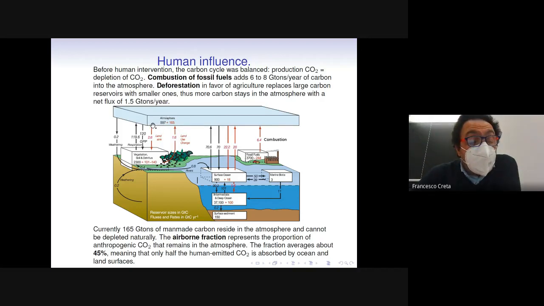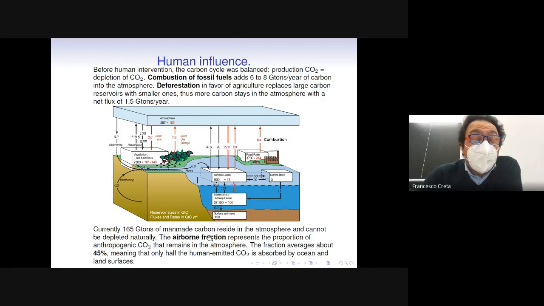You can see here the gigatons of carbon atoms in the atmosphere, and you can see now that there is currently in red here 165 gigatons of man-made carbon that should not be there, that we have placed there because of the extra input of combustion, okay, for essentially electricity production or transport that cannot be depleted. These 165 gigatons cannot be depleted naturally, okay? There's not enough trees to do that, okay?